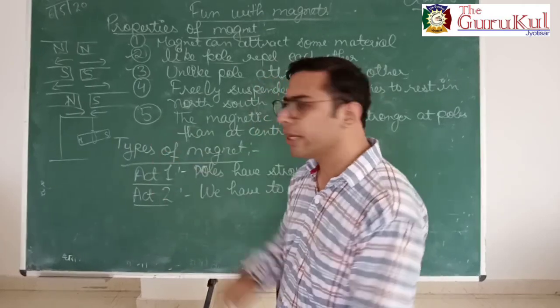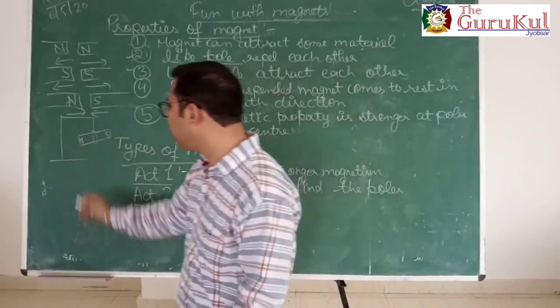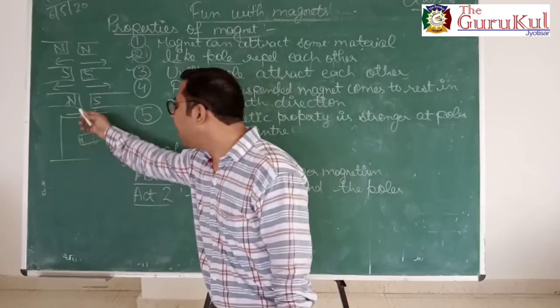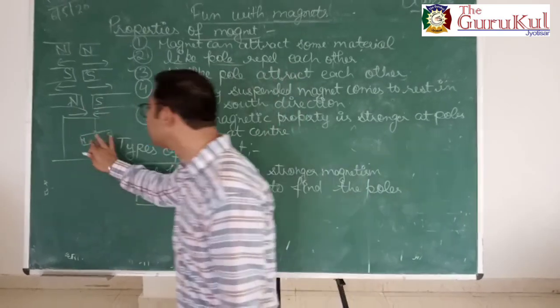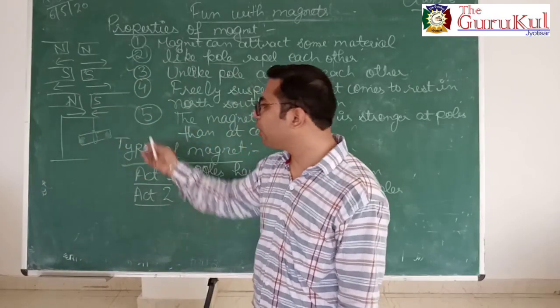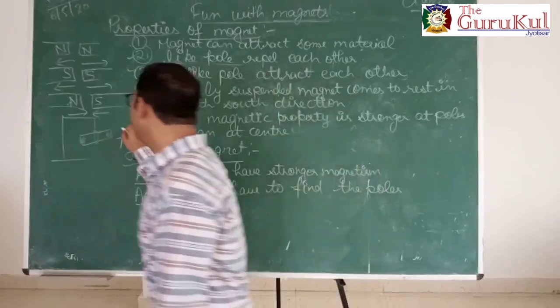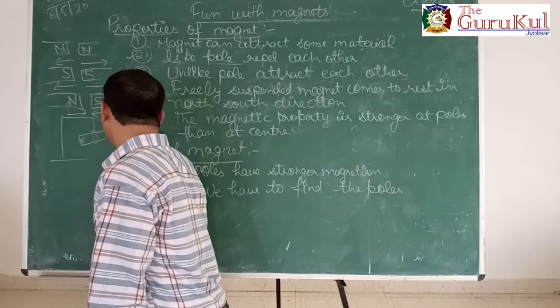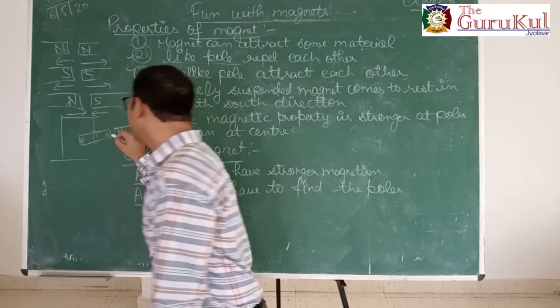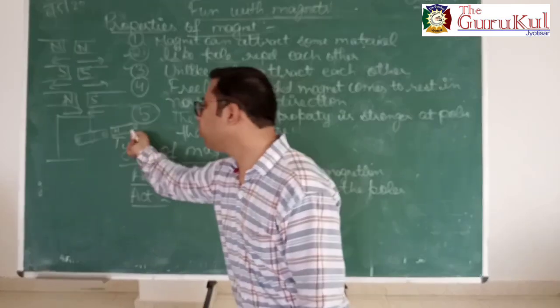Now understand it. Suppose this is a stand. With the help of the stand I have suspended a freely suspended magnet. We don't know its poles. Now I am bringing another magnet whose poles we already know.